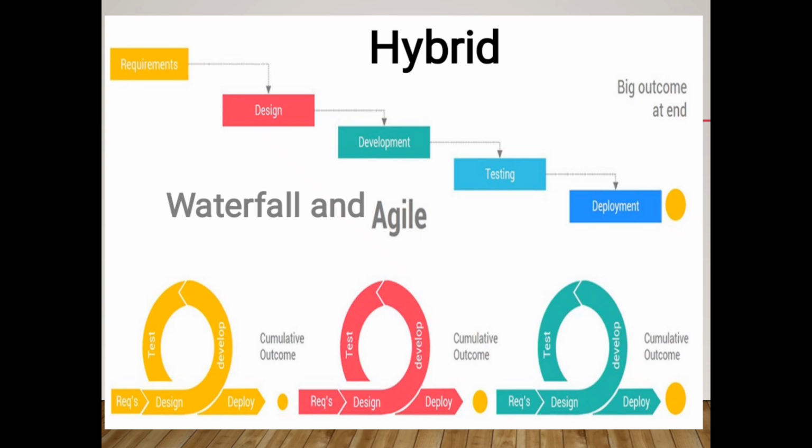The last one is hybrid methodology. In hybrid methodology, this is where you combine two or more project methodologies so that you can execute a particular project. For example, you can combine the waterfall methodology and the agile methodology in a single project.